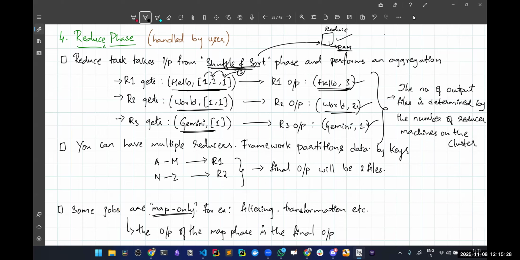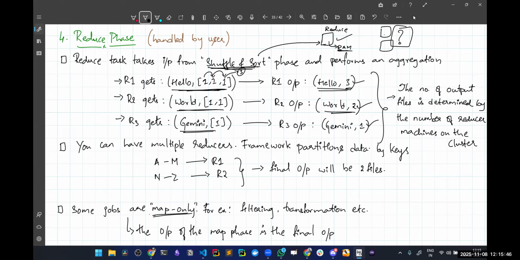It can definitely lead to memory issues. So what we can do is have multiple reducers. How do we coordinate between them? What data gets sent where? This is the challenge now.